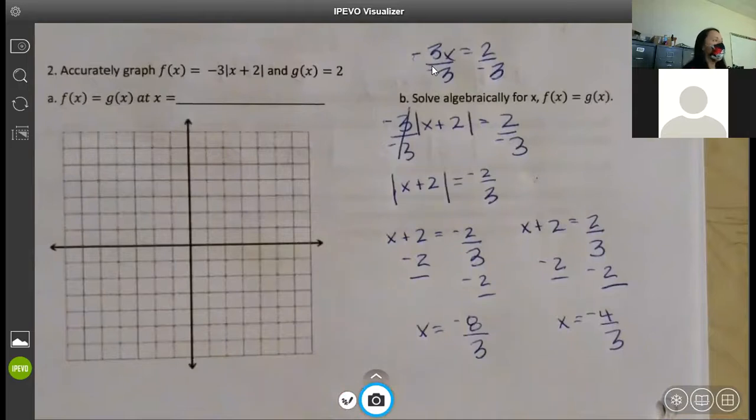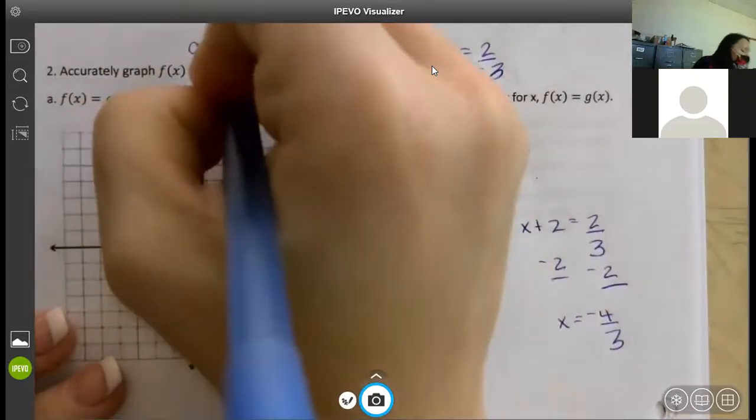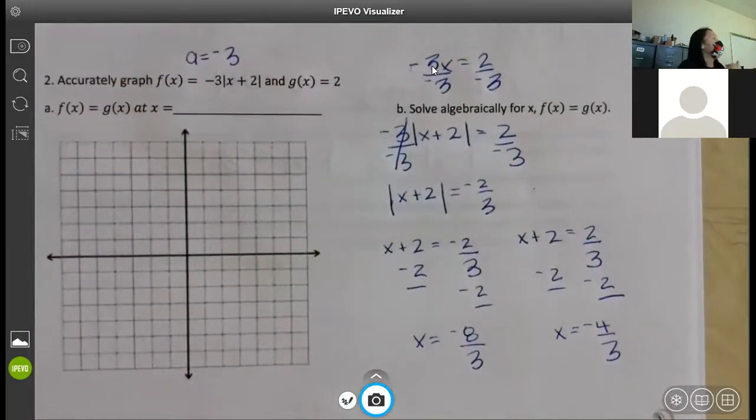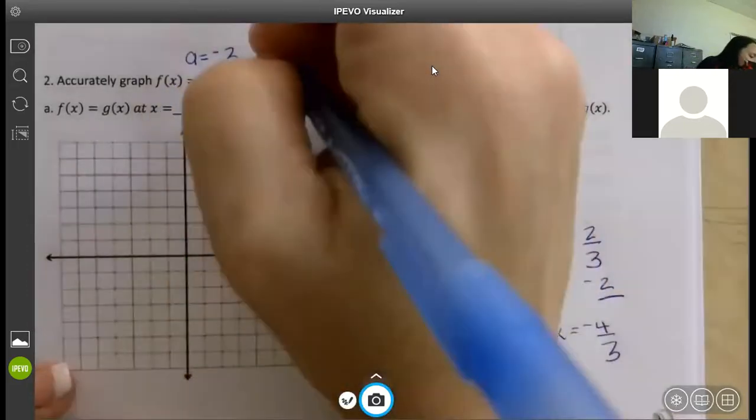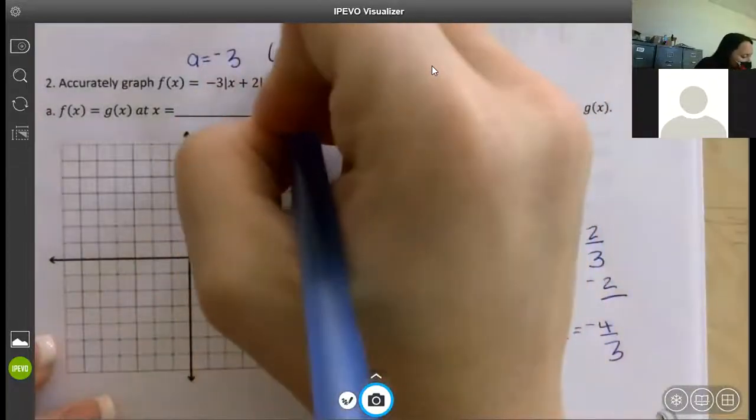So here's what I want to do. I want to graph it. Your slope is -3. What does that tell you? It's going to be flipped over. And we're going to go rise 3, run 1, okay? Your coordinates, we're going to change the number with x to be a -2.